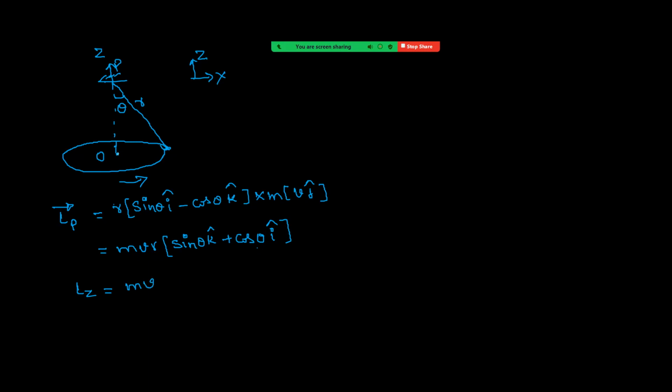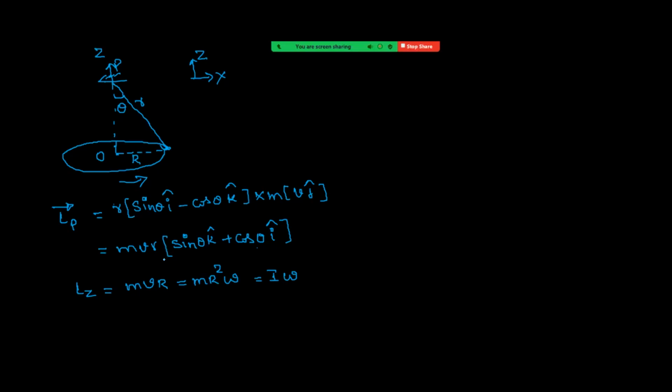In this diagram, r sine theta is nothing but the radius of the circle, so m v r is the z component of angular momentum, or the component along the axis of rotation. In place of v we can write r omega, so it becomes m r square omega, that is I omega.